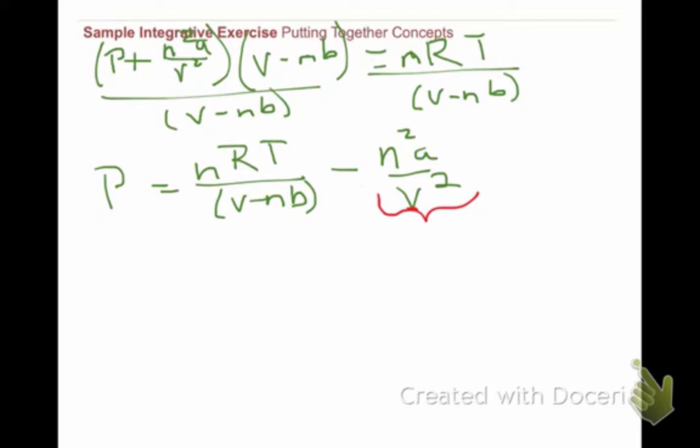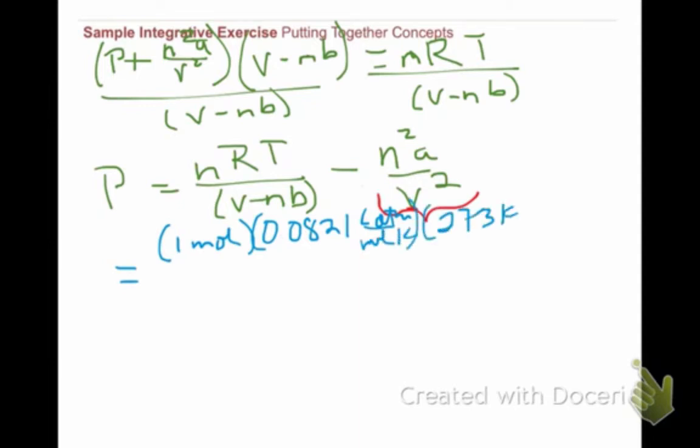So let's plug in values. I had 1 mole times 0.0821 liter atmospheres per mole Kelvin.